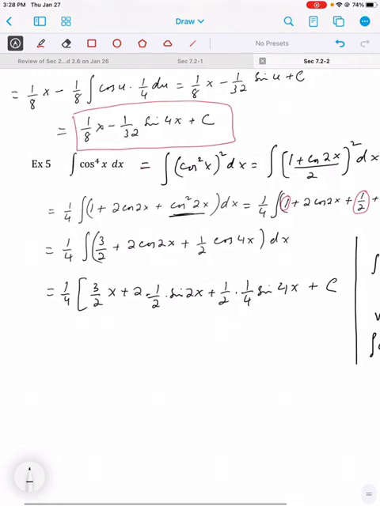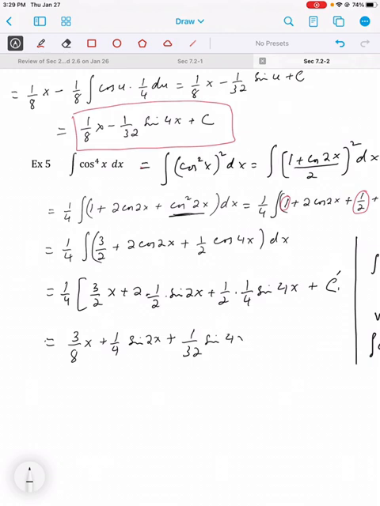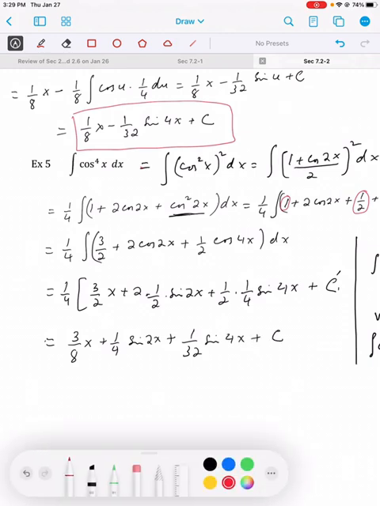Maybe we will call this c1 or c prime, because we have to multiply it out with 1 over 4, so that will be our c. So we get 3/8 x plus 1/4 sine 2x plus 1 over 32 sine of 4x plus c. So that is our final answer.